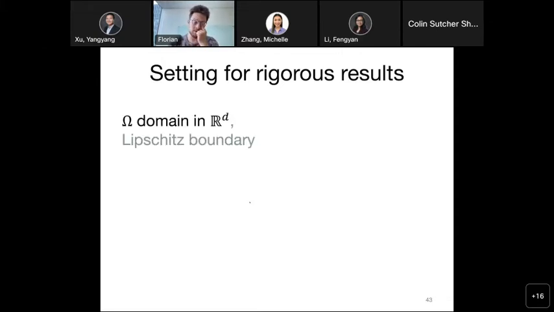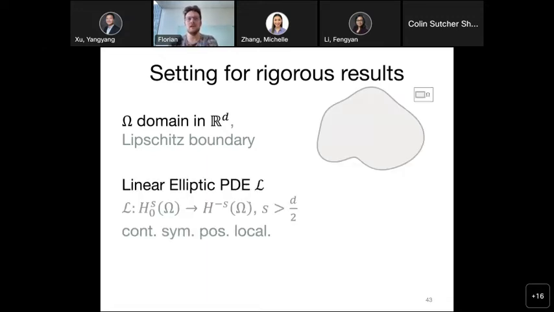So we assume we're given a domain omega in R^d, and then we take a linear elliptic PDE, where for the instantiation I'm mostly going to talk about here, we want to assume that the order of the PDE is larger than the spatial dimension. For instance, for 2D, you could think of something like the biharmonic operator.